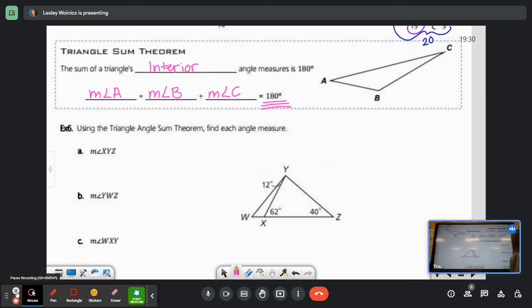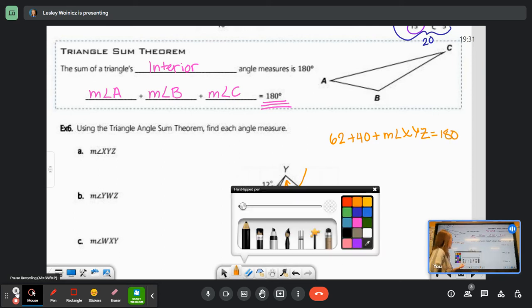The first one we want is the measure of angle XYZ. That's this angle here. If I'm adding up to 180, I want 62 plus 40 plus the measure of angle XYZ to add to 180.